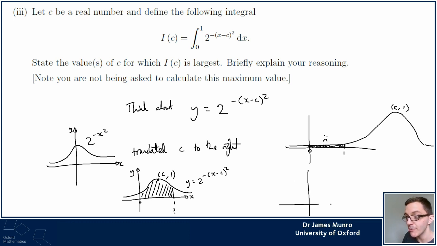And we should also not make c very negative, because then we'll just be integrating between 0 and 1 and we'll get this little tail of the function, which is going to be very, very small. We want as much of the large bit of the function as we can get. We want to shift the function along so that we're not integrating this tiny tail bit, we're integrating the bit where the function's tallest. Okay, so we want c to be probably somewhere between 0 and 1.